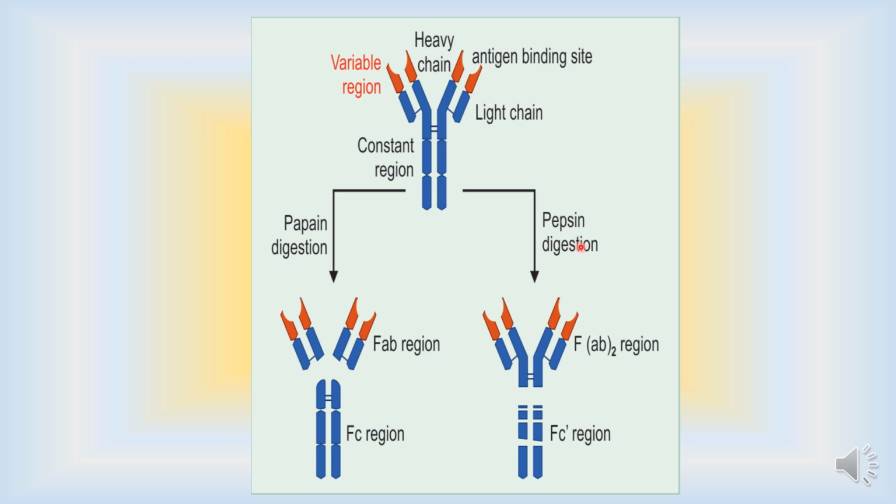For pepsin digestion, we get two Fab fragments which are joined together, and we get small pieces of Fc fragment. The Fc portion can be digested by pepsin into various small fragments.